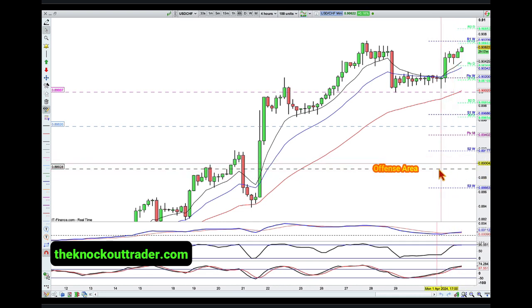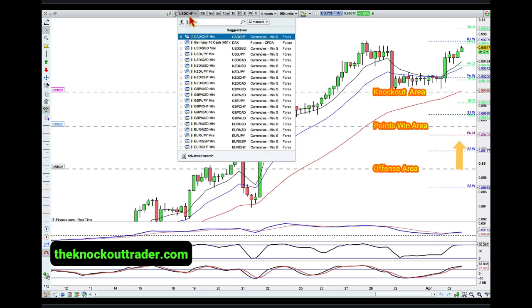So any push lower and then compression underneath it, or at the start of a new upward move, a compression, a V-shape, whatever that may look like. But I need to see signs that the buyers are coming back. Then I'll be looking for my point swing at this blue line and for my knockout just shy of this pink line and the 0.90 round number.